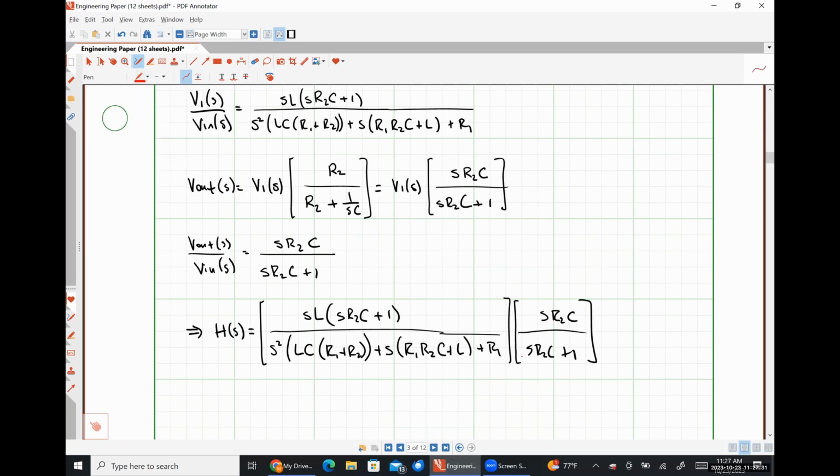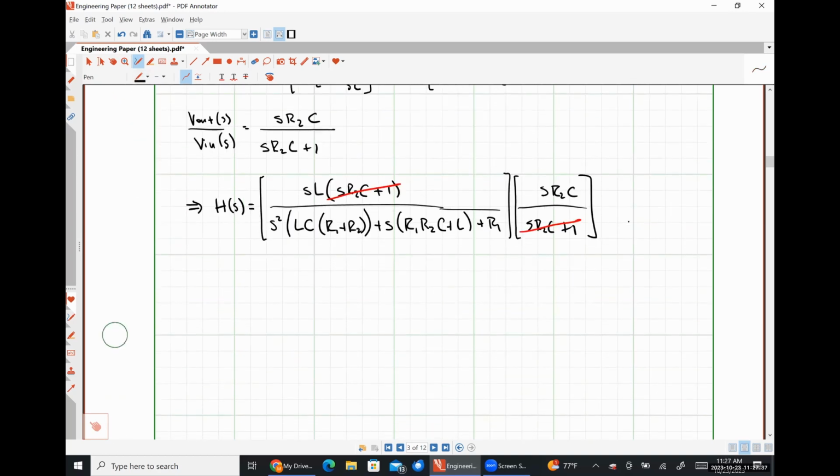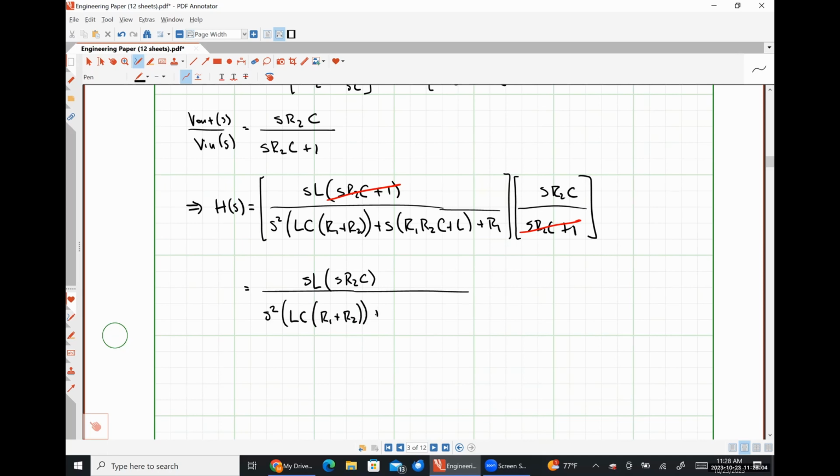We can see then that these guys cancel each other out, and we are left with SL times SR2C divided by S squared LC (R1 plus R2) plus S (R1 R2 C plus L) plus R1. So this is our transfer function.